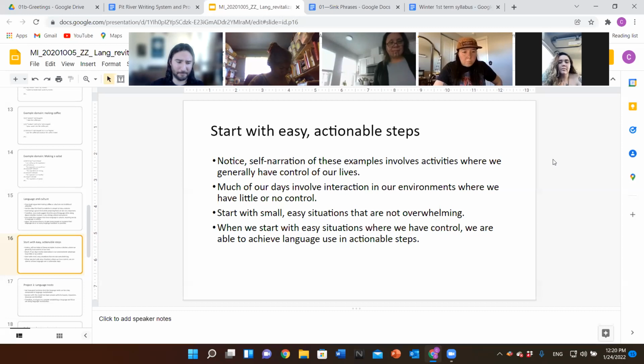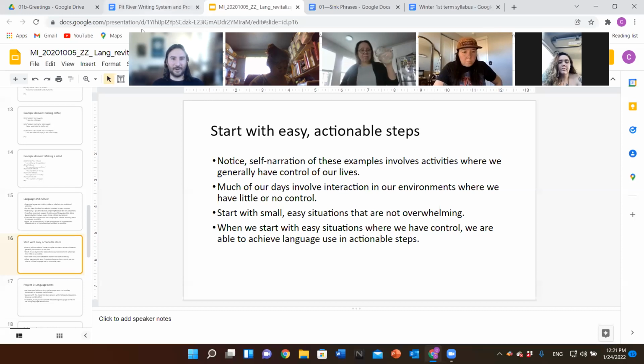And like you mentioned, having a big network is really important, because if you have a network of people who are all speaking, then that fosters more growth of the language. So hopefully this is the beginnings of something like that for Pit River.